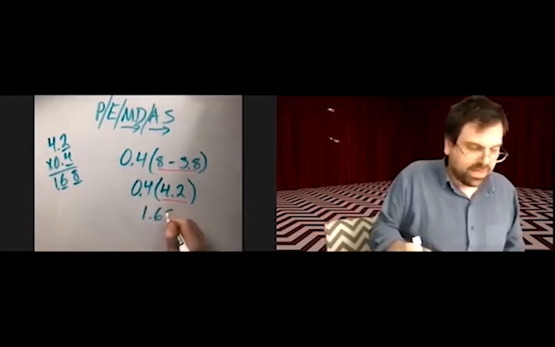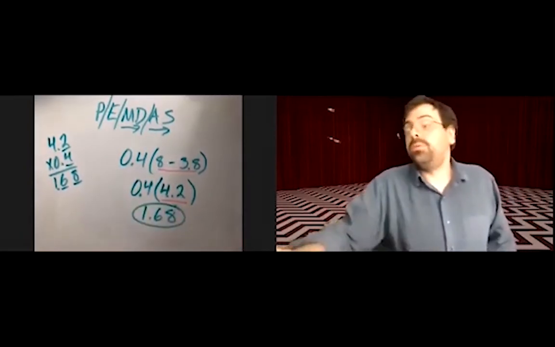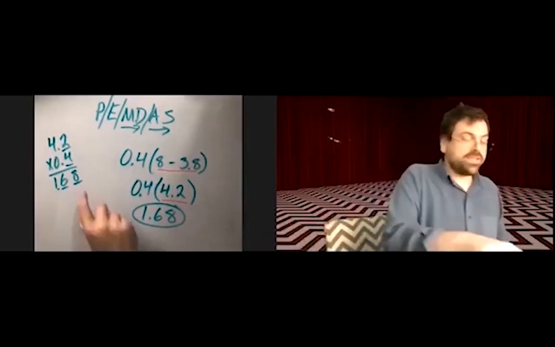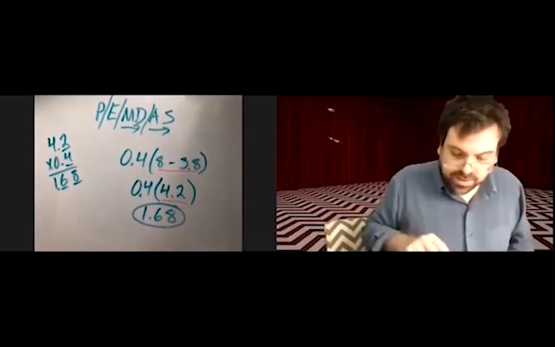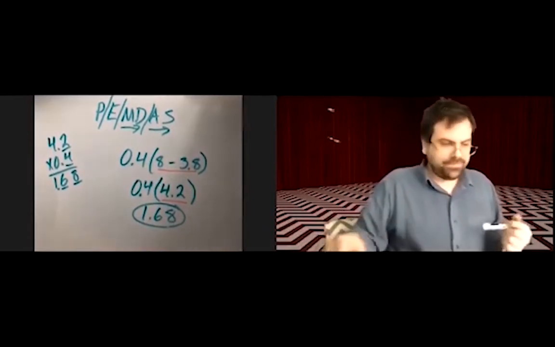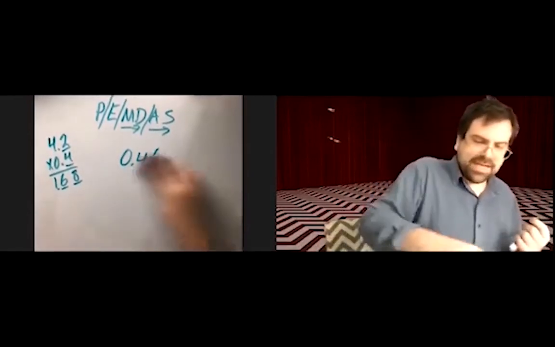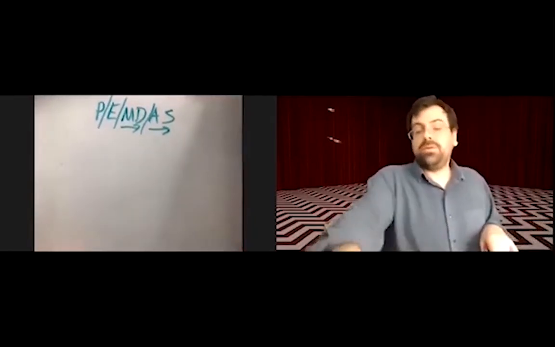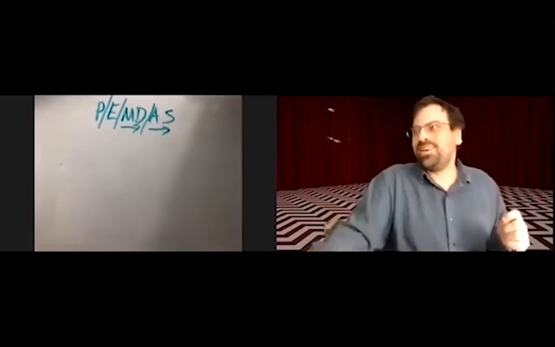Our answer would be 1.68, which we say how? It ends in the hundredths spot. So 1 and 68 hundredths. Order of operations, same as last class, only now with more work.